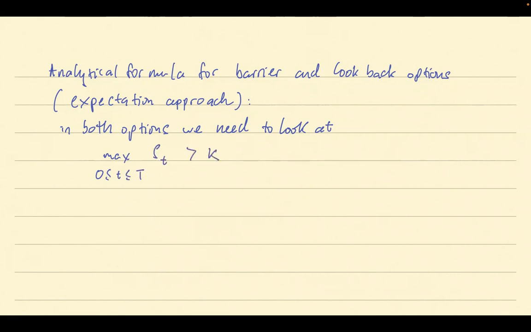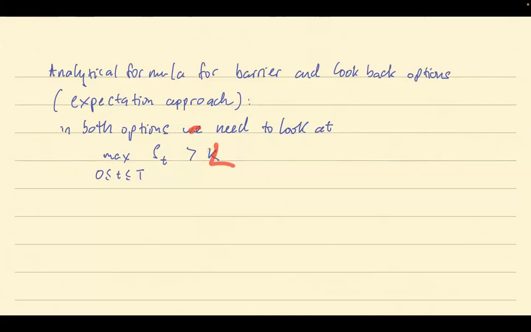Because this is exactly the idea of being knocked out. Either K or L, we'll look at that later, some number here.